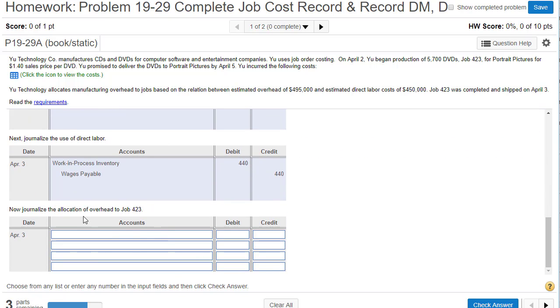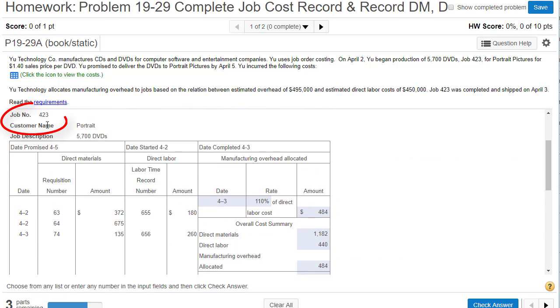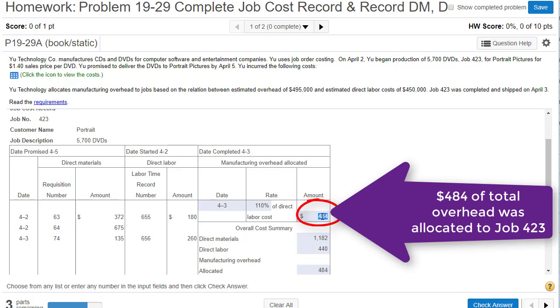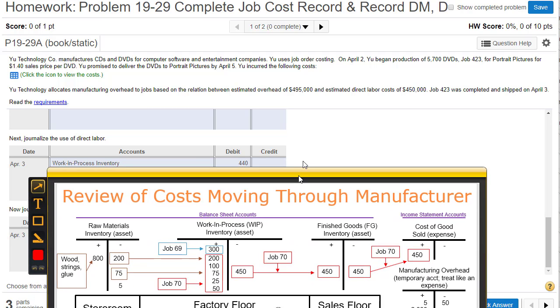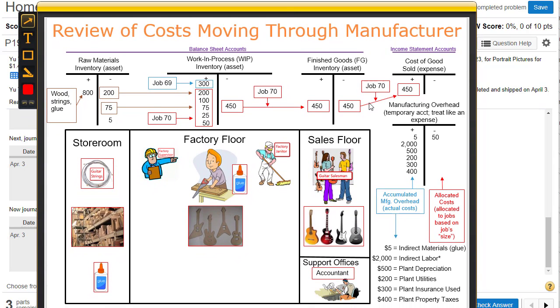Next one, journalize the allocation of overhead to job 423. Again, this is job 423 we're working on. So remember, we allocated $484. So we know the dollar amount is 484. But what accounts do we use? Well, we have to go back to our slides. So remember, we are allocating the overhead.